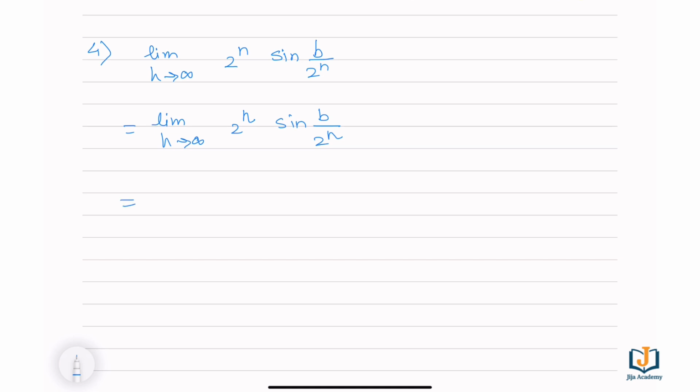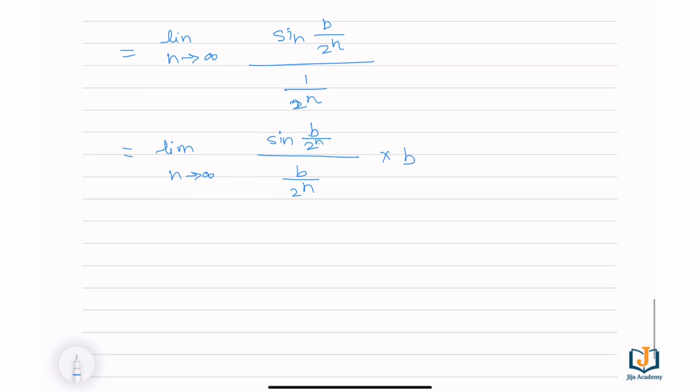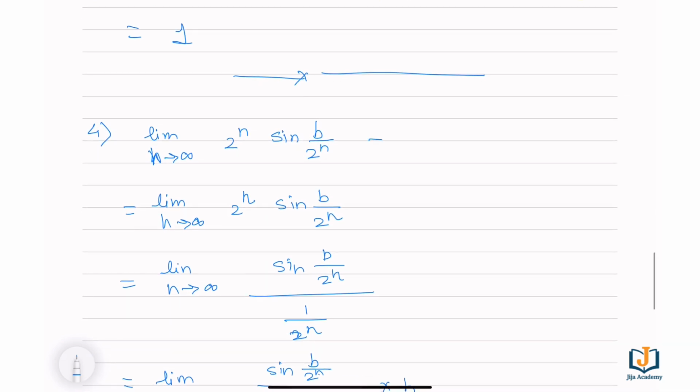So we are writing here the limit as n tends to infinity of sin of b upon 2 to the power n divided by 1 upon 2 to the power n, which is equal to the limit as n tends to infinity of sin of b divided by 2 to the power n divided by b upon 2 to the power n, into b. So we get this term is equal to 1. So 1 into b. So the answer is b. So our answer of this problem is b.